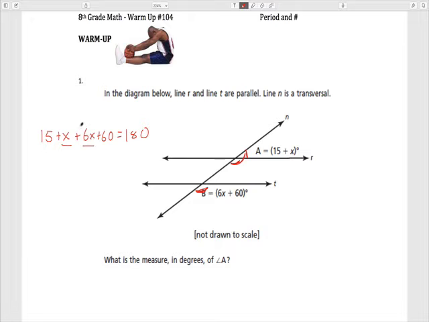We have to combine your like terms, so this is 7x. 15 plus 60 is 75 equals 180. Keep working through so that x is by itself. And 7x will equal 105.